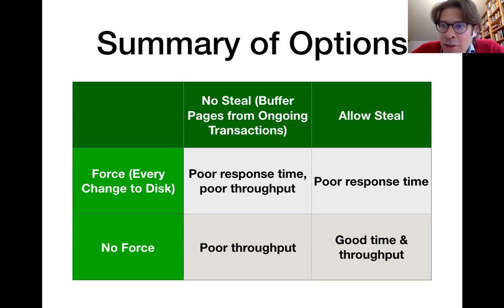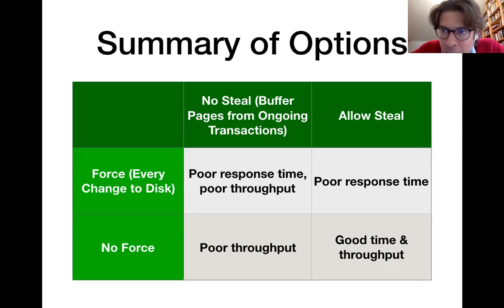The disadvantage is that each transaction will actually consume a lot of main memory pages, which severely limits our transaction throughput. So for performance reasons, what we want is a policy that allows stealing, which essentially means that one transaction can steal a buffer slot from another transaction before the other transaction is actually committed.